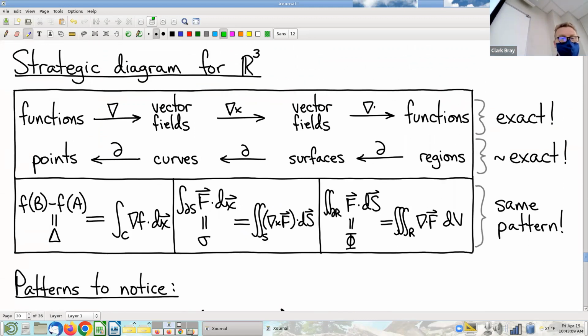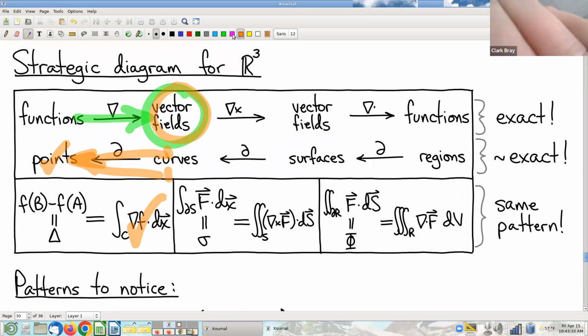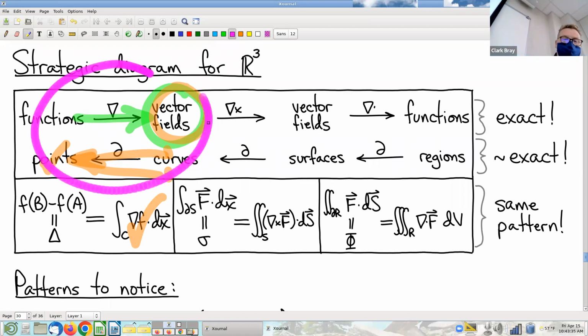Y'all recall that we argued with the fundamental theorem of line integrals that when you have a gradient, that vector field must also be path independent, in the sense that whenever you have two curves with the same boundary points, then the line integrals are equal. And the thing that makes this argument work, the way that we connected being a gradient to being path independent, was the fundamental theorem of line integrals.